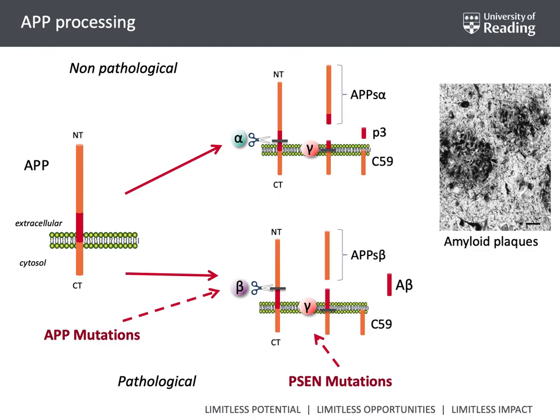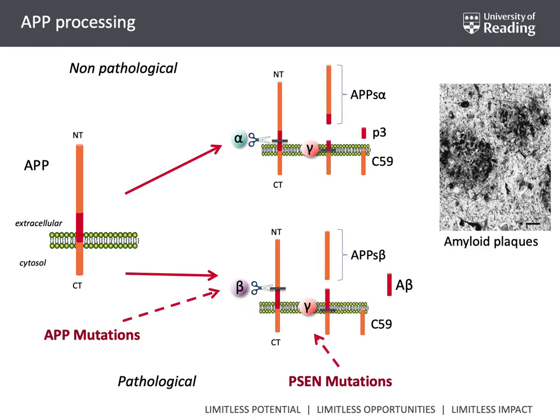This then releases this soluble amyloid precursor protein, this P3 and this C59 fragment. And that's how normally APP is processed, and cells are able to cope and degrade this APP peptide.